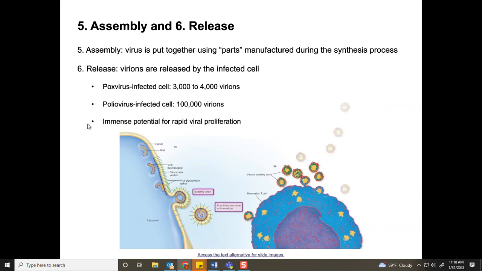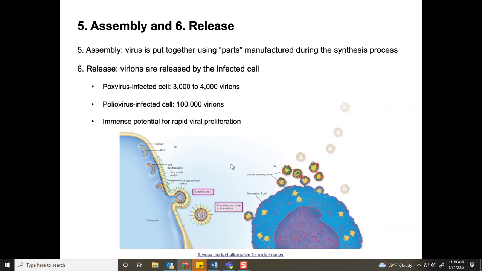So what we're seeing in this picture, we have our capsid and our RNA. We see it assembling into a new viral entity, and then it is going to exit the host cell, in this case by budding. And so now we have a new free infectious virion with an envelope ready to infect another cell.